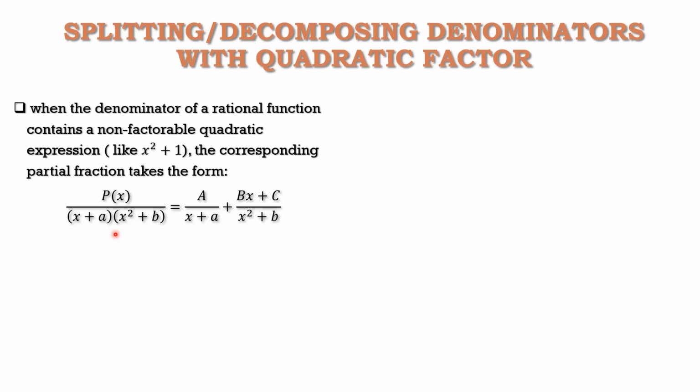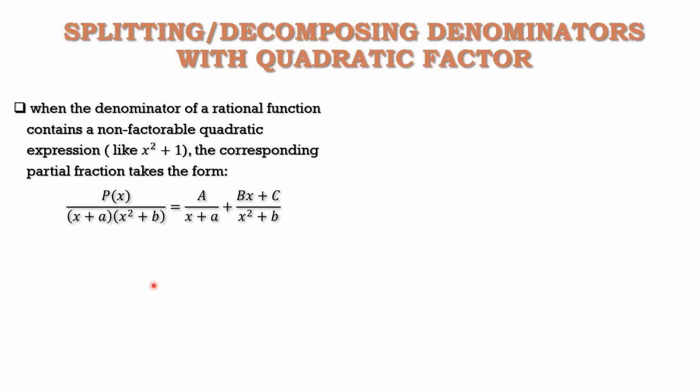P of x divided by x plus a, divided by x squared plus b. Here, this one is a linear factor. And what do we use to separate a linear factor? We use a constant, because the unknown variable x is raised to the power 1.